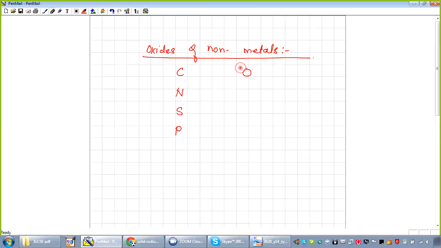One of the oxides of carbon I'm taking is carbon dioxide. I've taken some examples of oxides of non-metals.